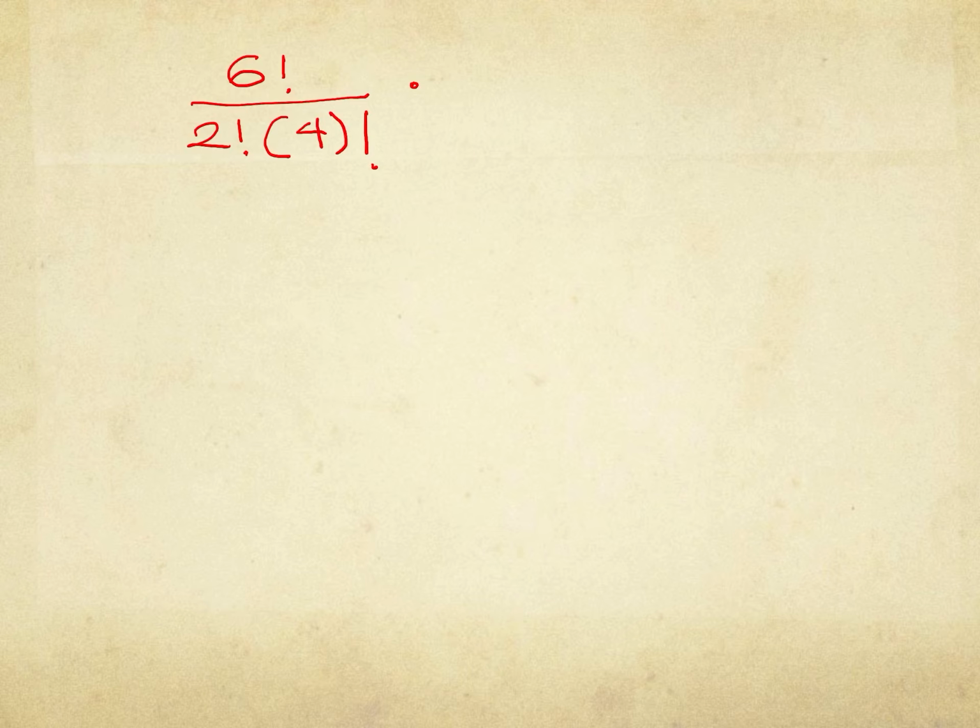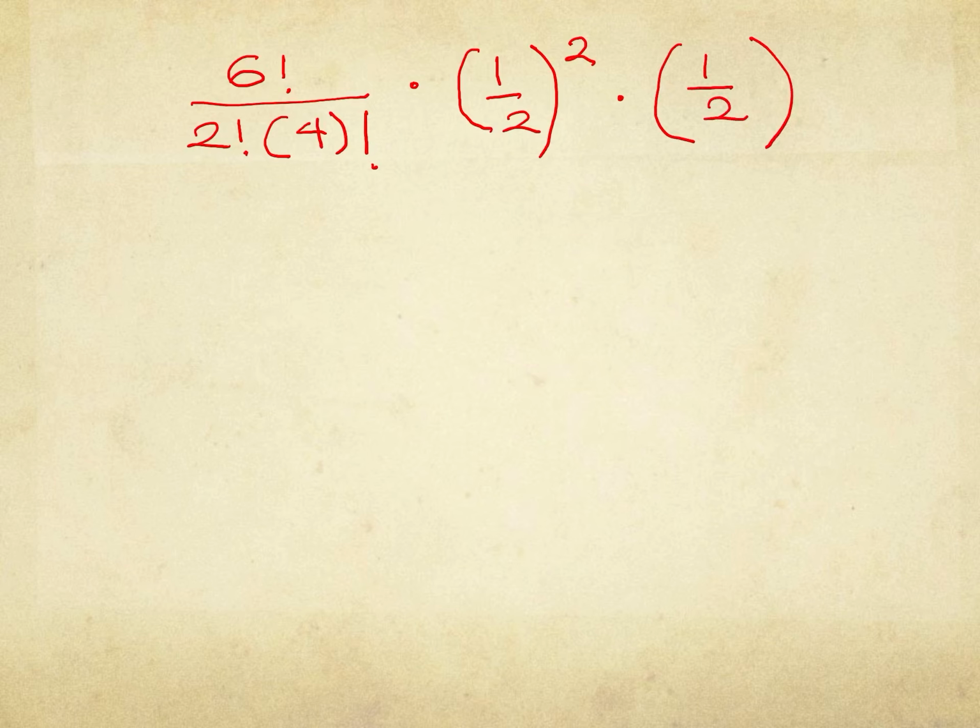You have 2 sides to a coin, so we'll then have 1 over 2, so 50% or half, raised to the number of successes, which is 2. And then the failure will be the remaining 50%. Remember, we said everything adds up to 1. So for failure, it will be 1 over 2 raised to the power 6 minus 2.